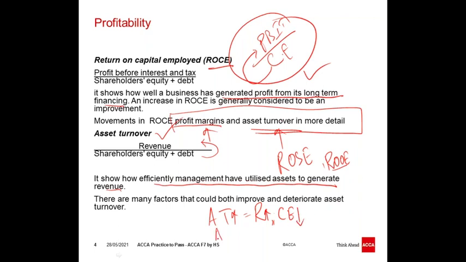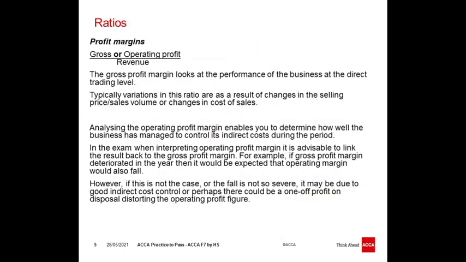When there is a reduction in the asset turnover, that means there will be a decrease in the revenue, or an increase in the capital employed. So these are the reasons that you need to mention.